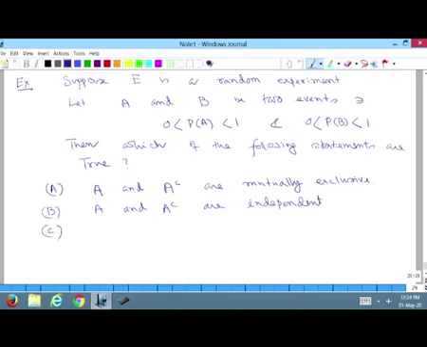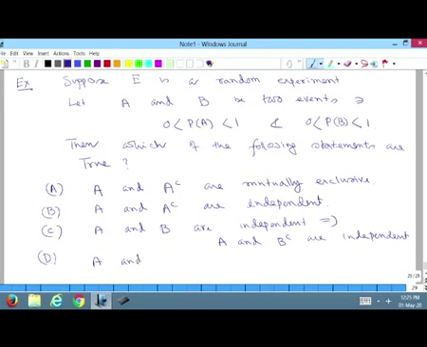C, A and B are independent implies A and B complement are independent, and D, A and B are independent implies A complement and B complement are independent.